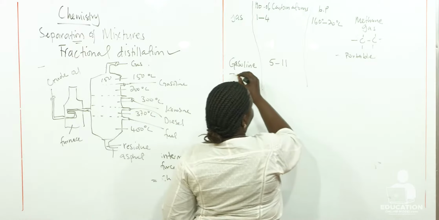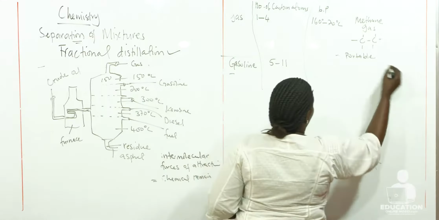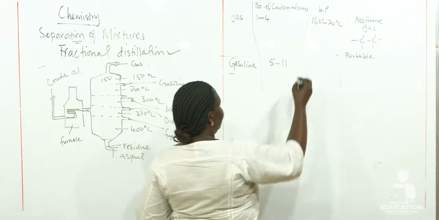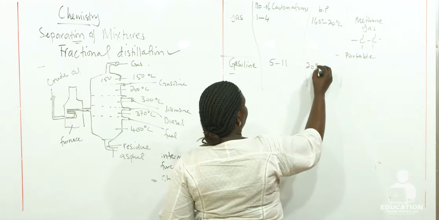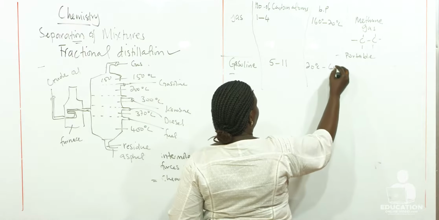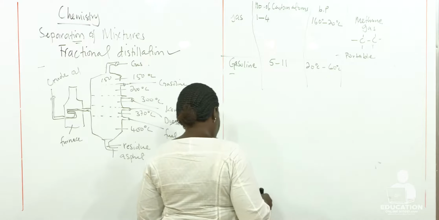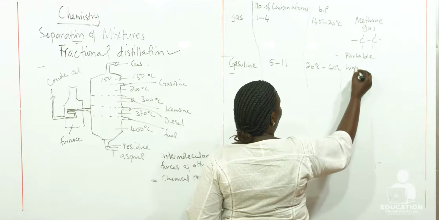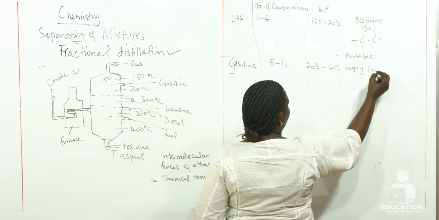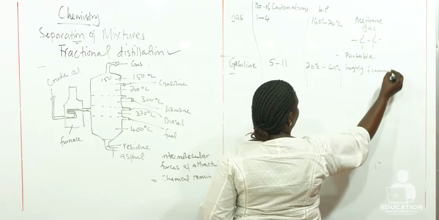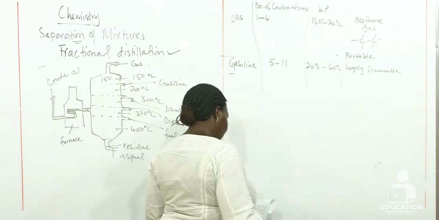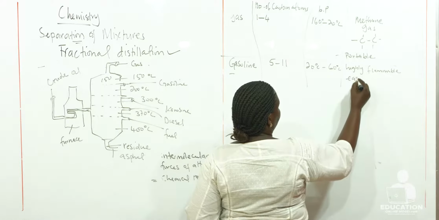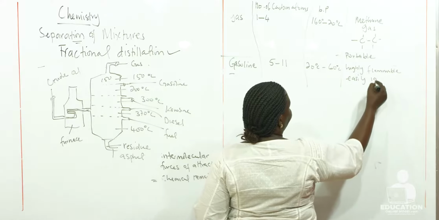And then it boils at around 20 to 60 degrees Celsius. It is highly flammable. It can evaporate easily, and then it is easily ignited also. Can catch fire easily.